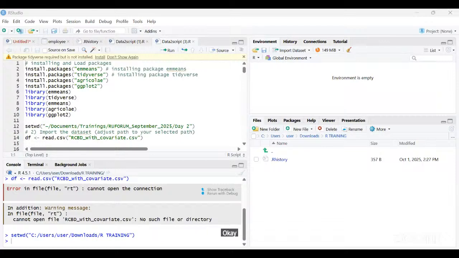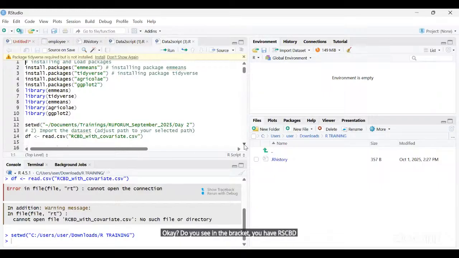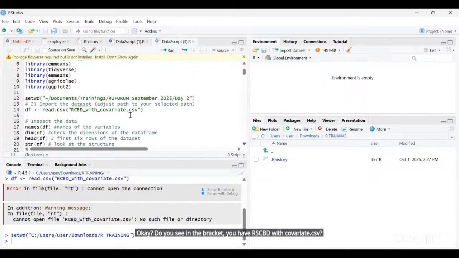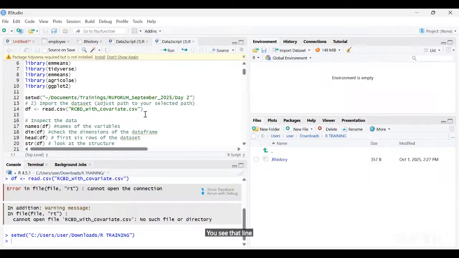Do you see in the bracket you have RCBD with covariate.csv? You see that line number 14? Yeah. Now you need that data set there. You need to find out where it is. Okay.